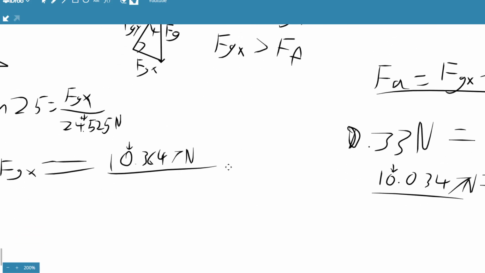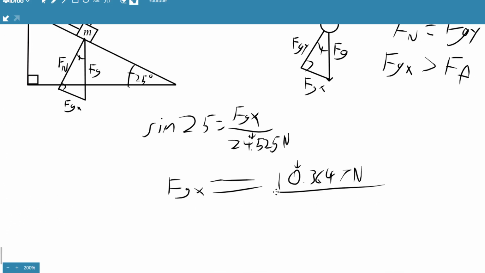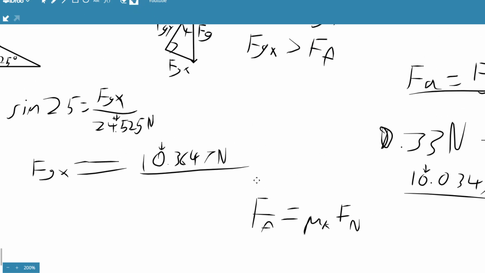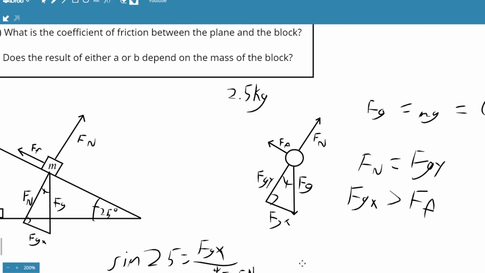Now, if we write down the formula for coefficient of friction, FF equals mu k times Fn. We have FF, now all we need is Fn, and then we can finally solve this.